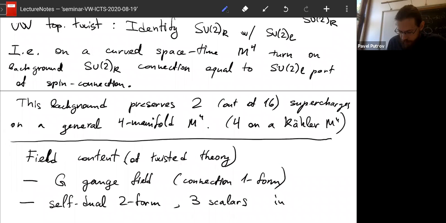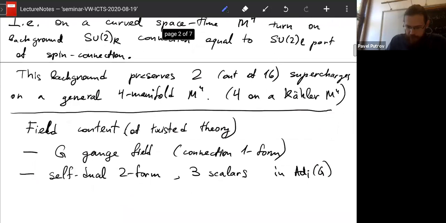And they all transform in a representation of my gauge group.